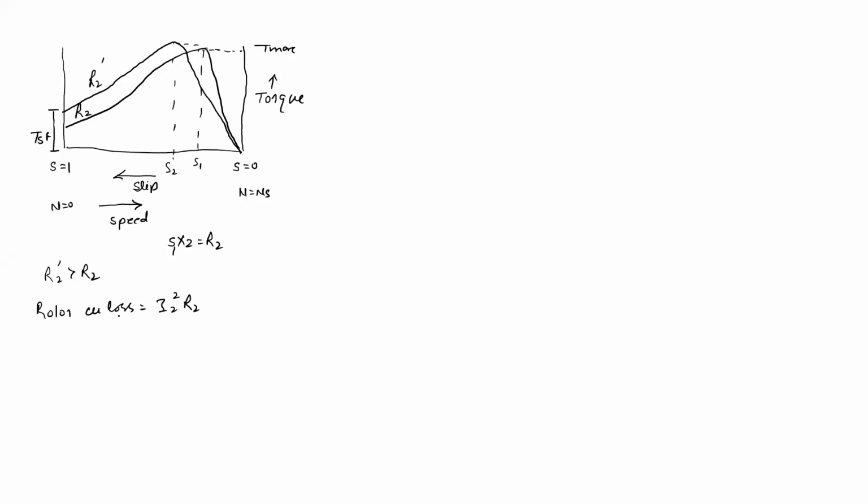So if the rotor resistance has been increased from R2 to R2 dash, definitely the copper losses will be more, and it will remain as long as the motor is in the working condition, and therefore the efficiency of motor decreases. Whereas the starting torque is needed only for the starting purpose.